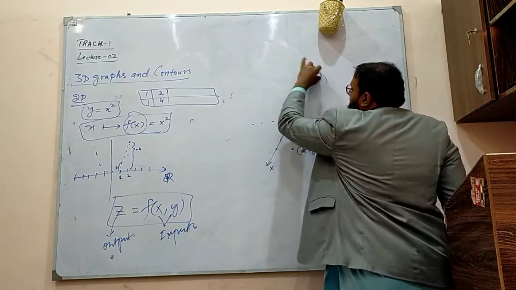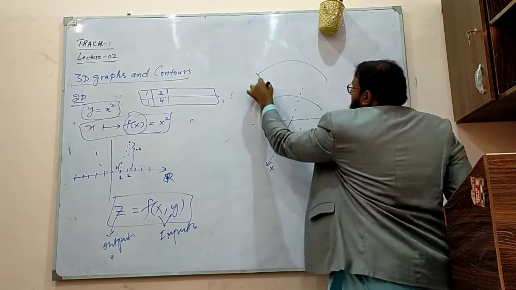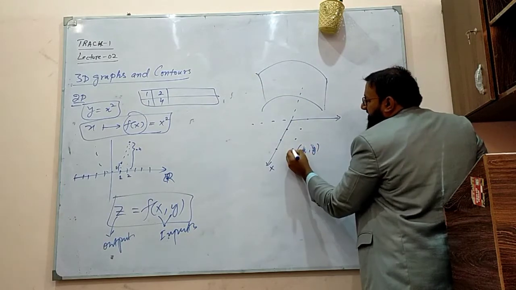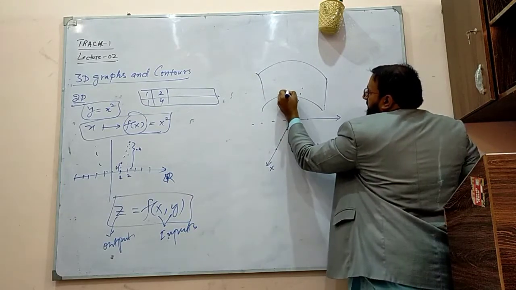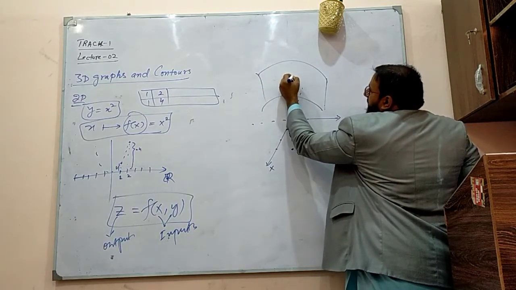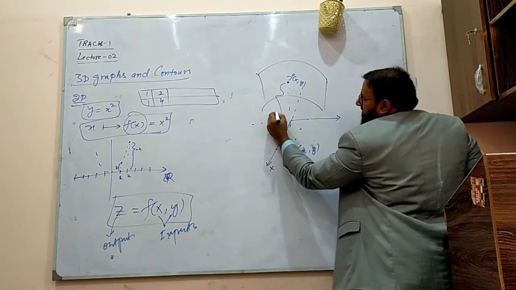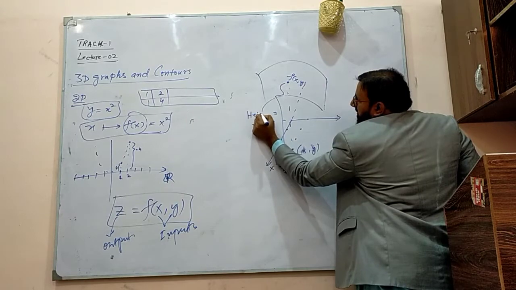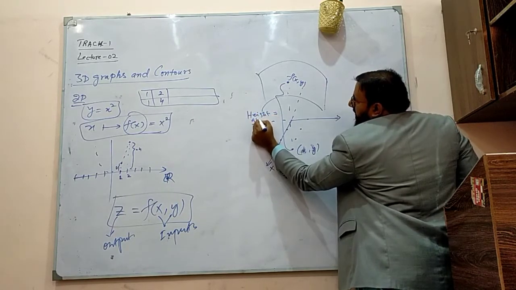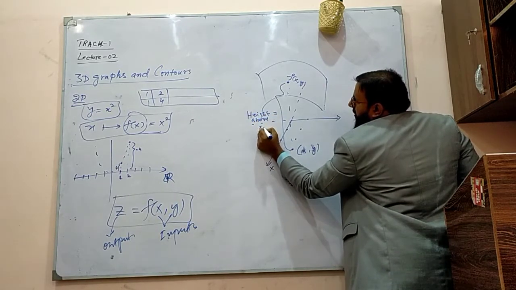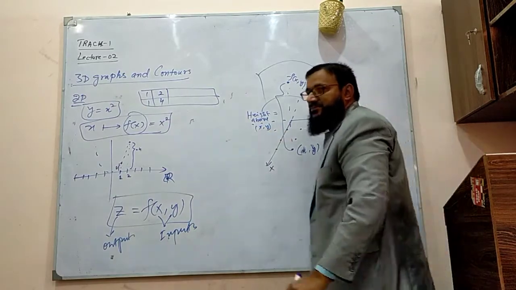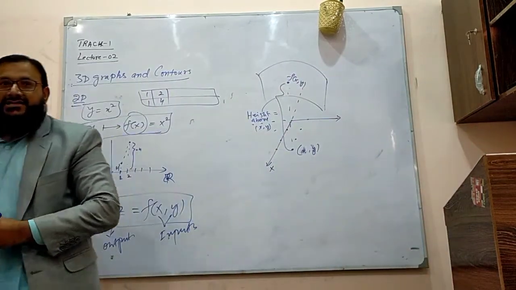And what does this surface represent? Let's say this is the surface, and above this point xy, we have a point, what we call f of x comma y. What does this represent? This represents height above the point x comma y. So this is the idea behind that.